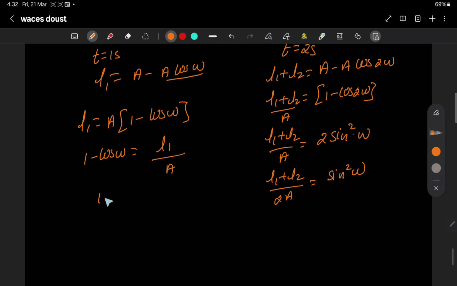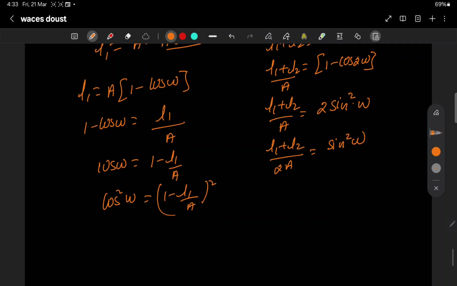So here I can write cos omega as 1 minus L1 by A. So square on both sides, what you will get? You will get cos square omega which is equal to 1 minus L1 by A whole square.